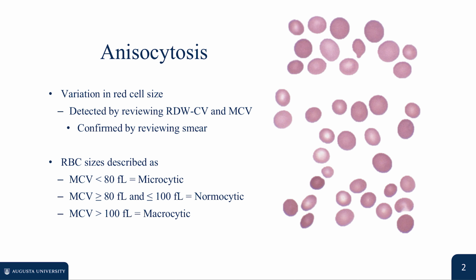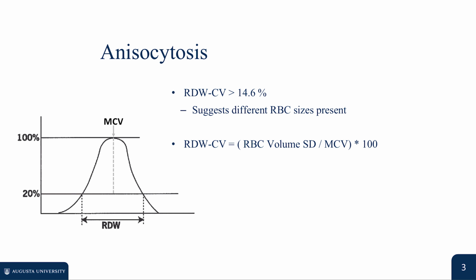However, the MCV only gives us an average value, which is why we must also look at the RDW to evaluate volume distribution. The RDW quantifies the degree of heterogeneity in RBC size across the sample population. The normal reference upper limit for the RDW-CV is typically less than or equal to 14.6%, or roughly 15.0% depending on the laboratory.